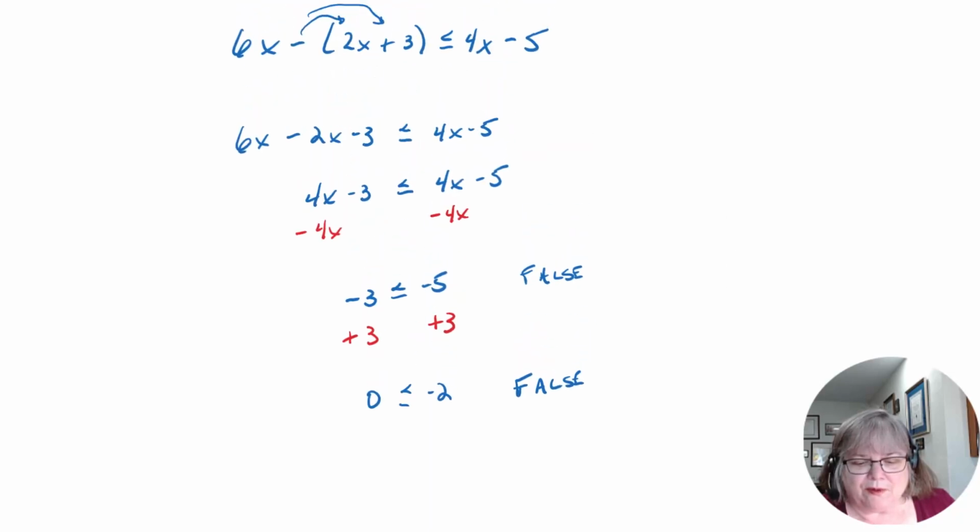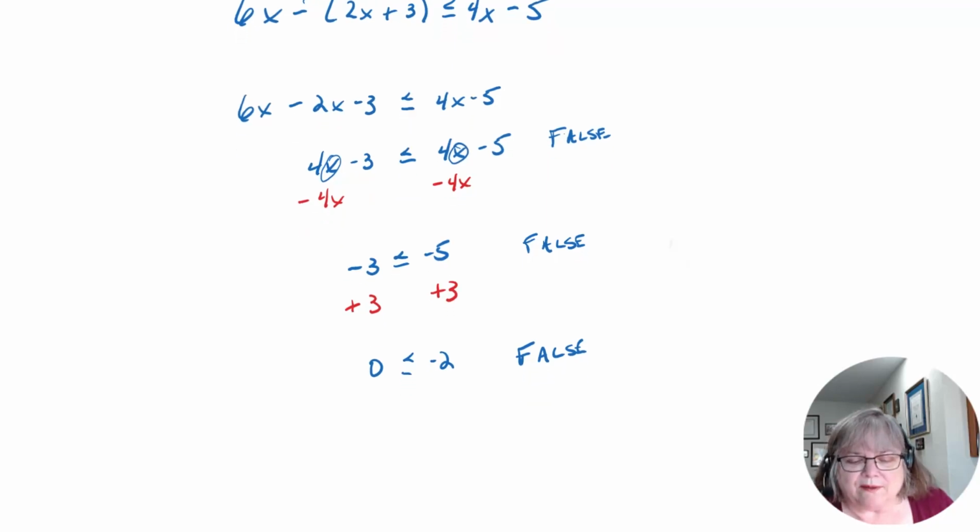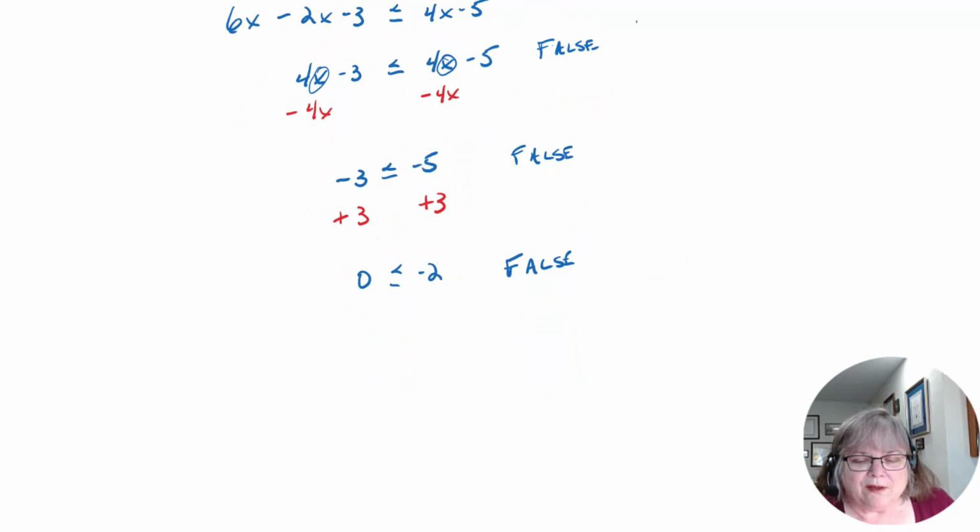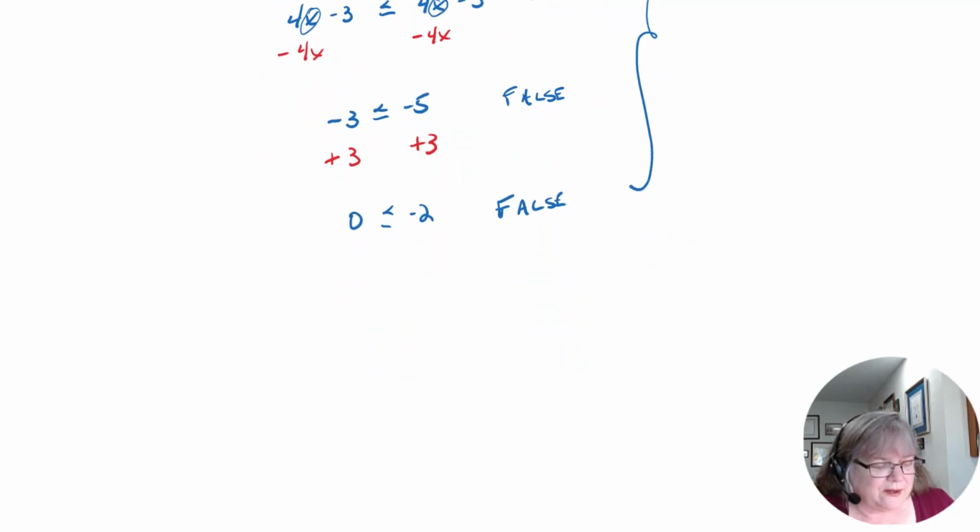And for some of you who are really comfortable with variables, you may recognize that this is a false statement. How can you take an x, multiply it by 4, and subtract 3, and have it be less than taking this x, that's the same x, multiplying by 4 and subtracting 5? So somewhere in here, you would recognize this as a false statement.